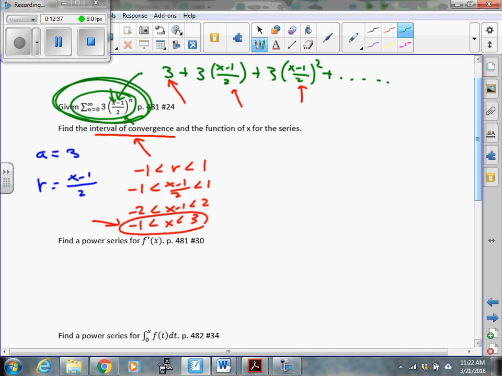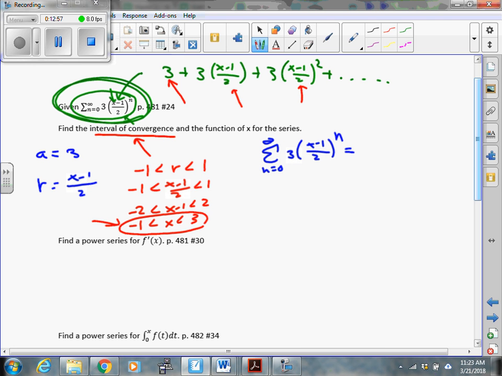Now, by the same token, I'm going to take this summation or this series, and I'm going to tell you what function is produced. In other words, I can create an explicit formula where I can find exactly what it equals as long as you tell me the x.